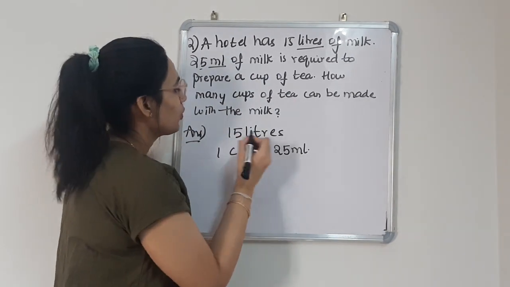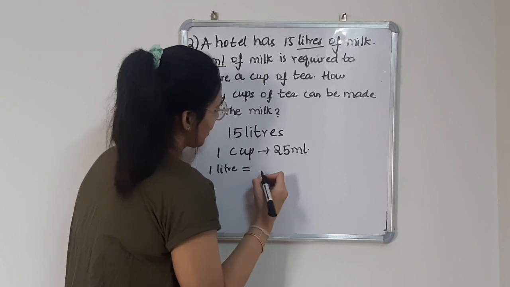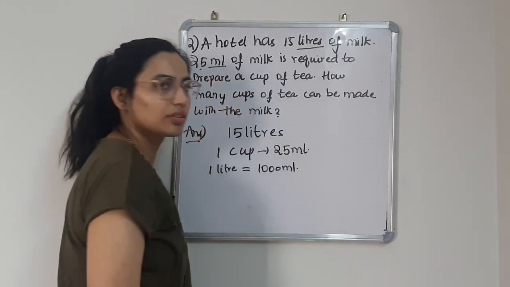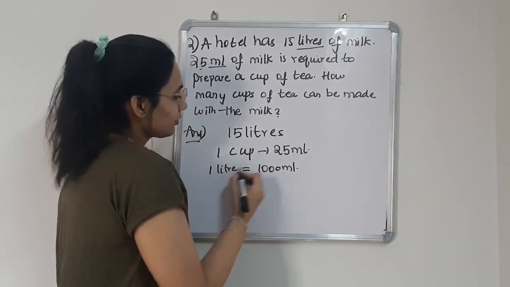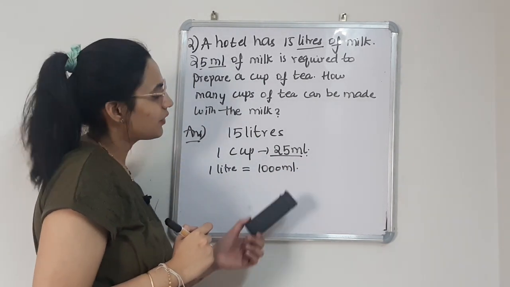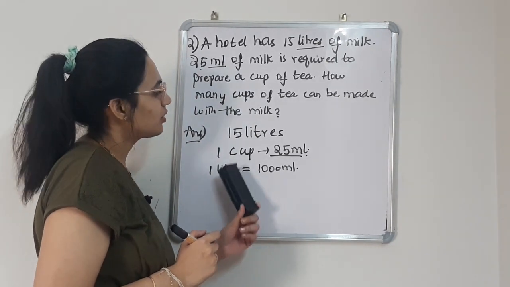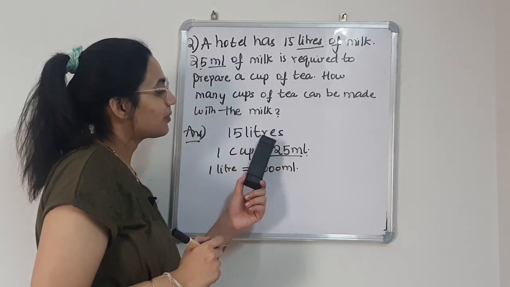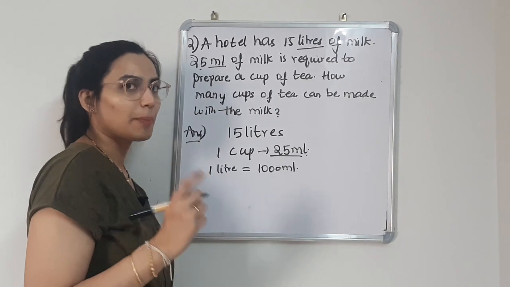Right? So you know that 1 liter is how much? 1000 ml. Right? Now, what is 25 ml? You can do both ways. You can convert 25 ml into liters, or you can convert 15 liters into ml. In this case, converting from liters into ml is easy because we just have to multiply.